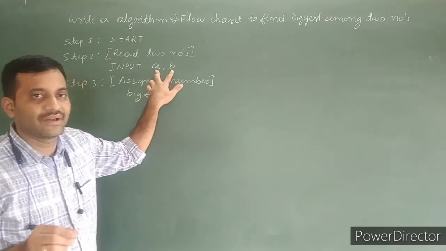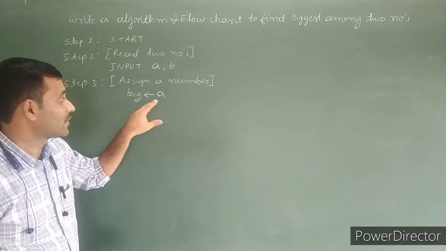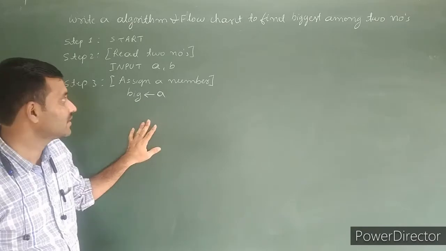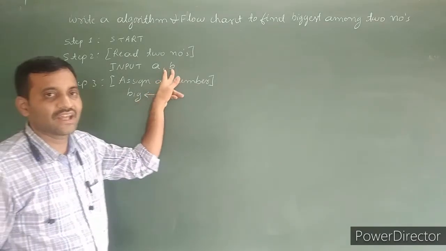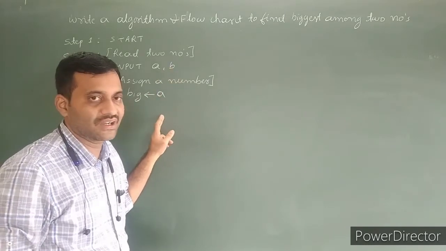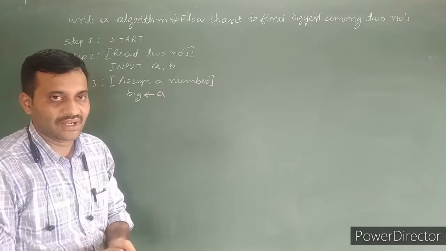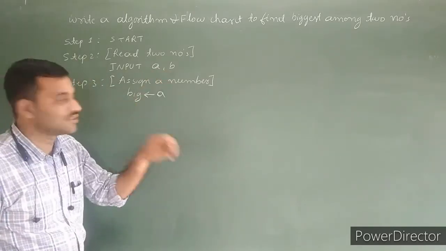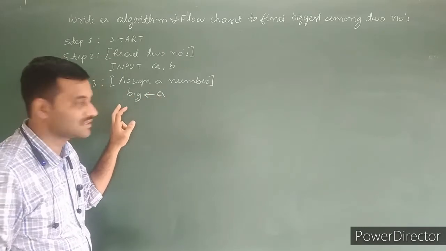First we have to assume that the first number is the biggest number. Say our assumption is wrong. When is it wrong? When B is greater than A. If B is greater than A, then our assumption is wrong, and we conclude that B is the biggest. Before that, among two numbers, we assume the first number is the biggest.